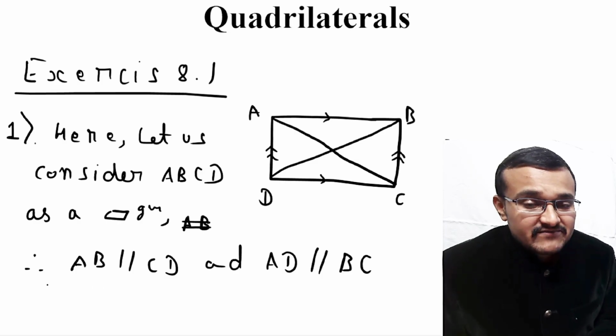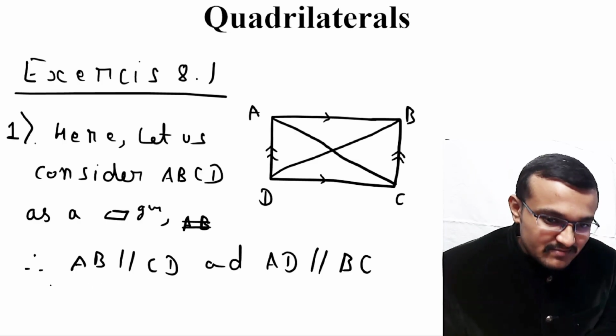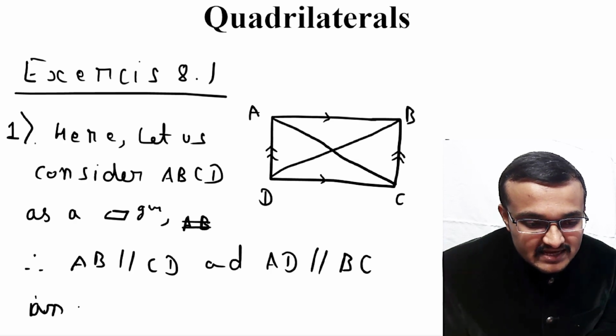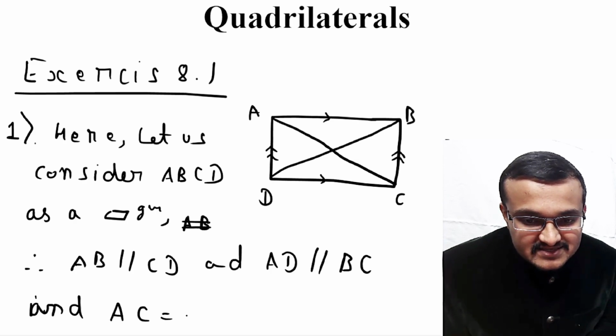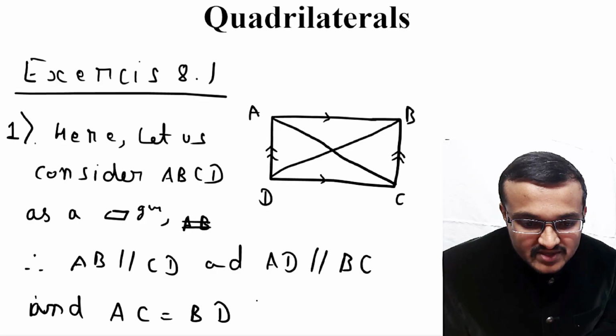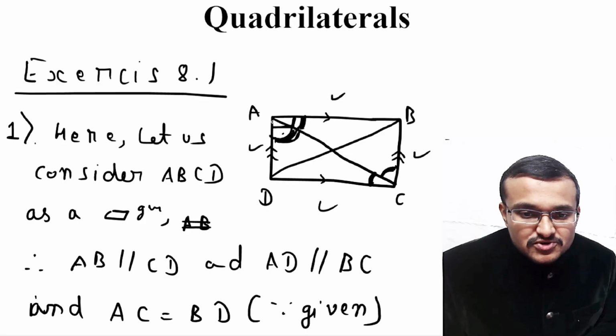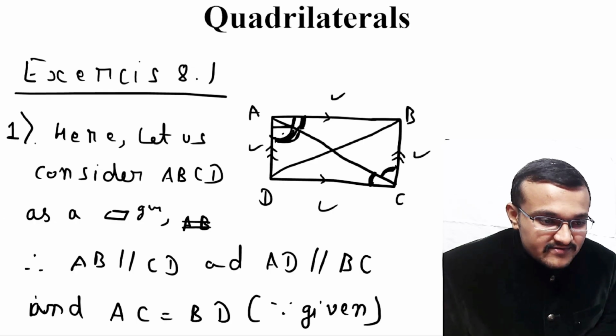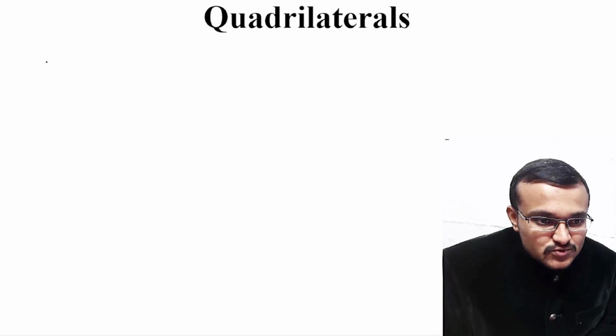And one more data they have given: diagonals are equal in this parallelogram, that is, AC is equal to BD. This is already given in the question. So now we will consider these two triangles, that is ADC and DBC. Here I'll consider two triangles.